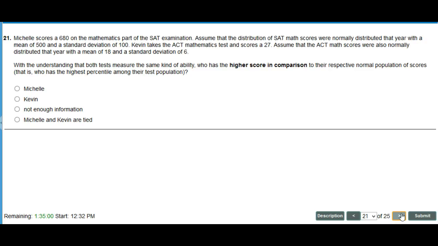That is, who has the highest percentile among their test population? Michelle? Kevin? Not enough information? Michelle and Kevin are tied.